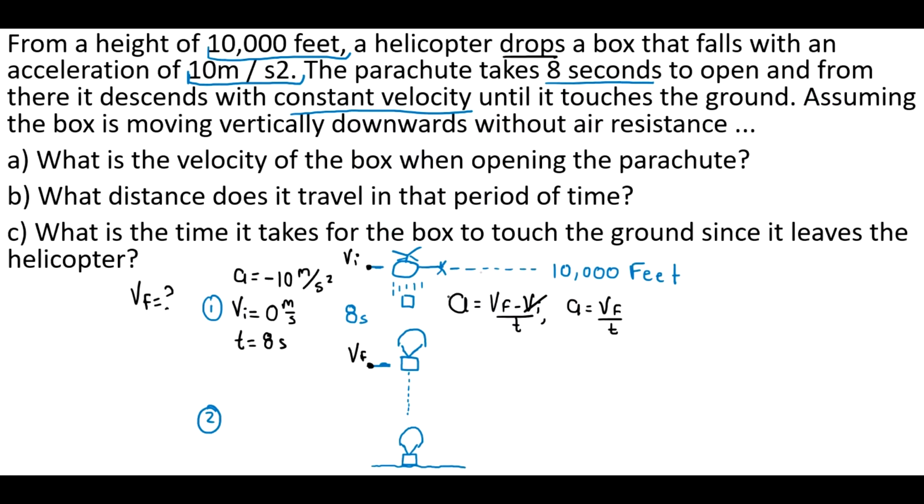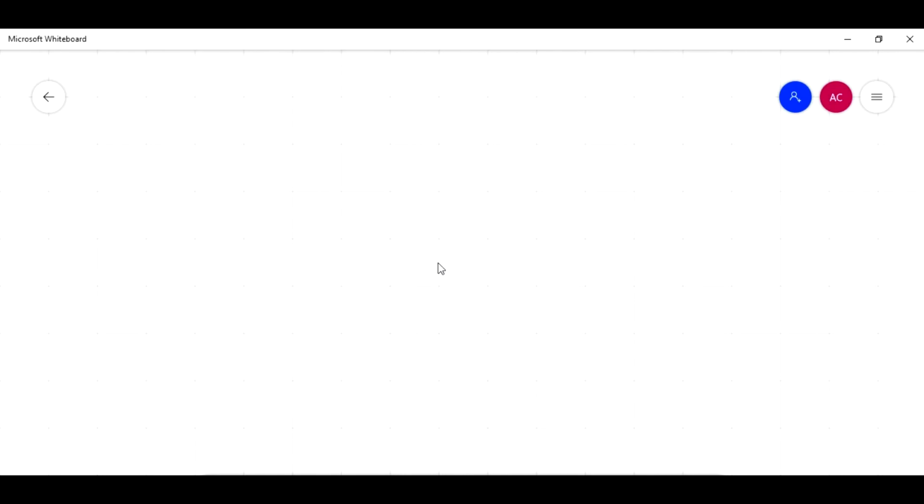If I want to do it here, it's kind of complicated. So I will be returning to these two screens. Okay. So I'm going to write again: acceleration equals final velocity over time.